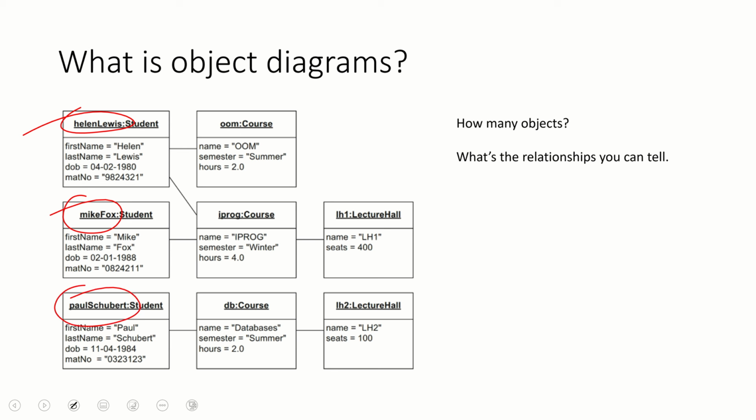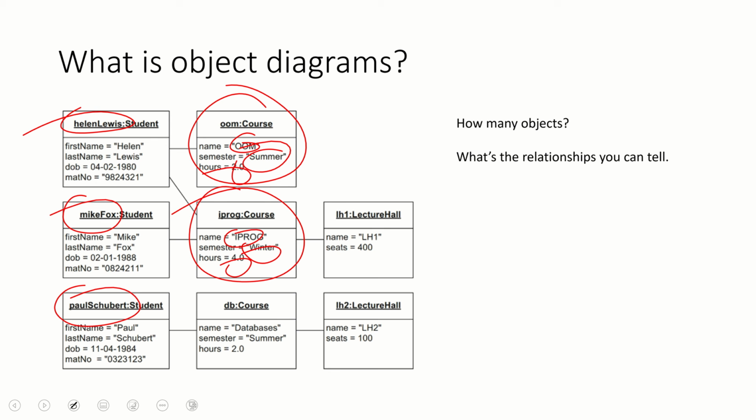These are three different objects. Then Helen registers two courses, OM and IPROG. These are very specific courses. It's not just that they have different names. You can tell one is for the winter semester, another for the summer semester, and they have different credits.